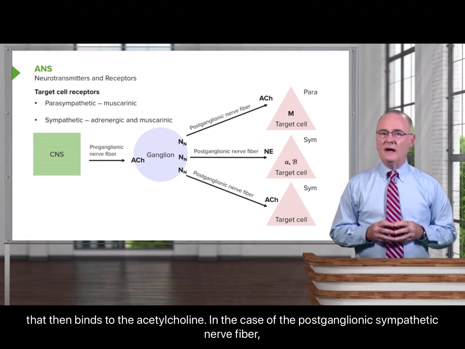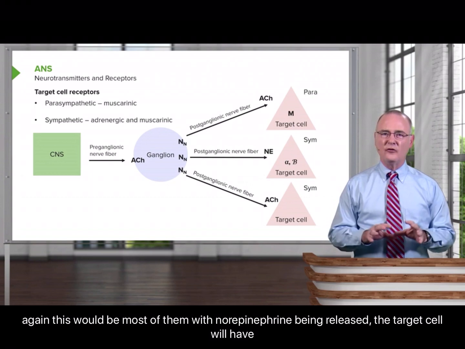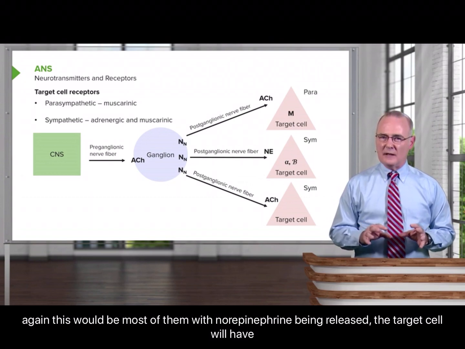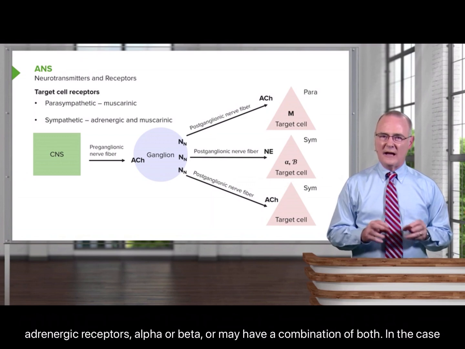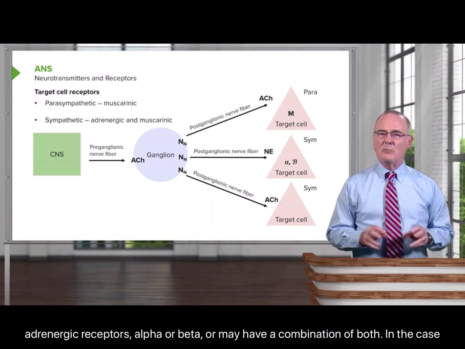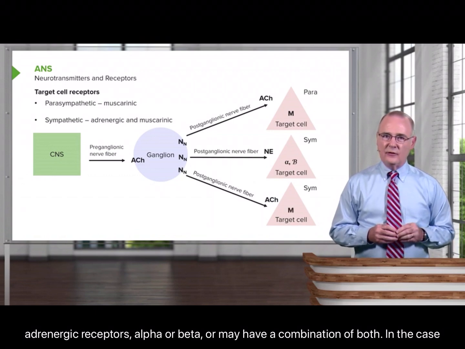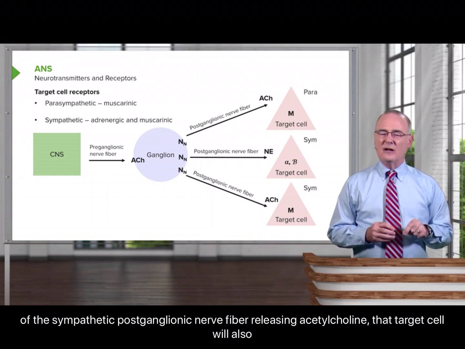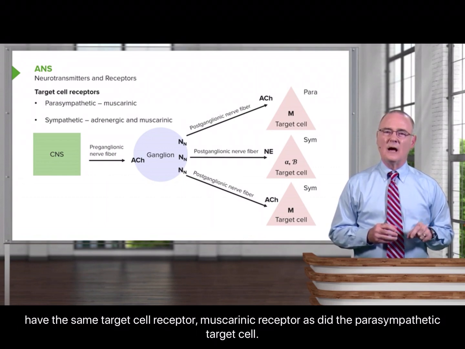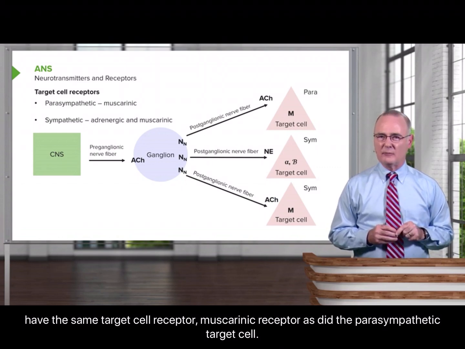In the case of the postganglionic sympathetic nerve fiber, again, this would be most of them, with norepinephrine being released, the target cell will have adrenergic receptors, alpha or beta, or may have a combination of both. In the case of the sympathetic postganglionic nerve fiber releasing acetylcholine, that target cell will also have the same receptor, muscarinic receptor, as did the parasympathetic target cell.